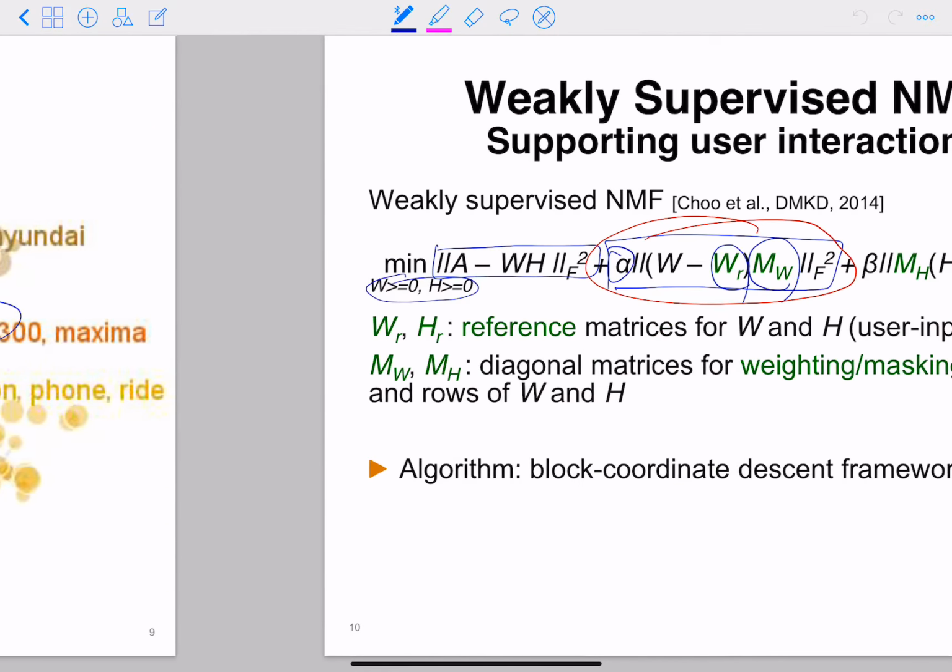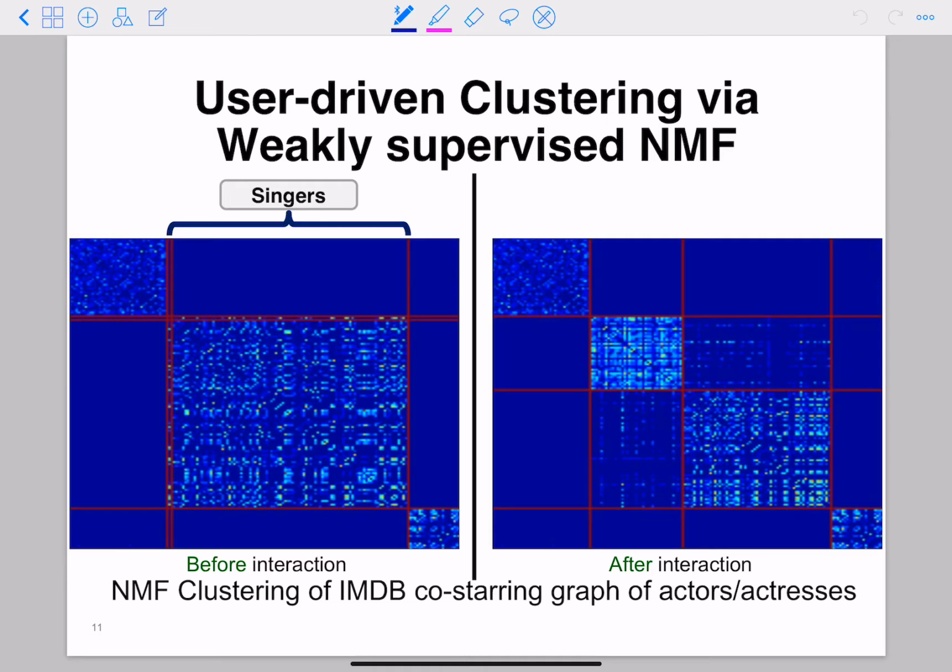Okay, this is one example, and this is a kind of graph clustering problem. NMF, or matrix factorization, can also be applied to this graph data setting. In this particular example, I collected all the actors, actresses and movie stars, and the people appearing in TV shows and music shows.